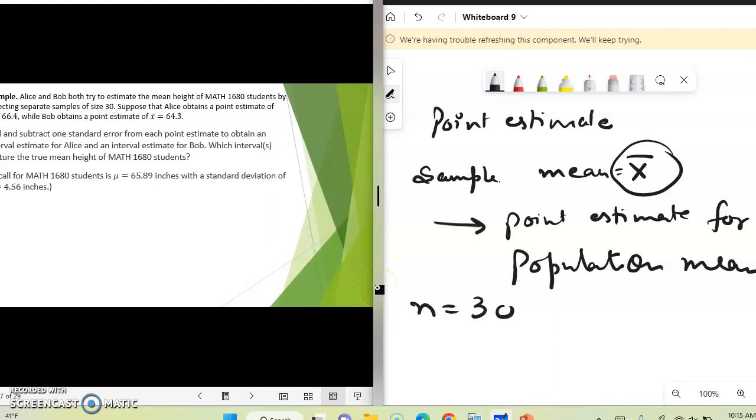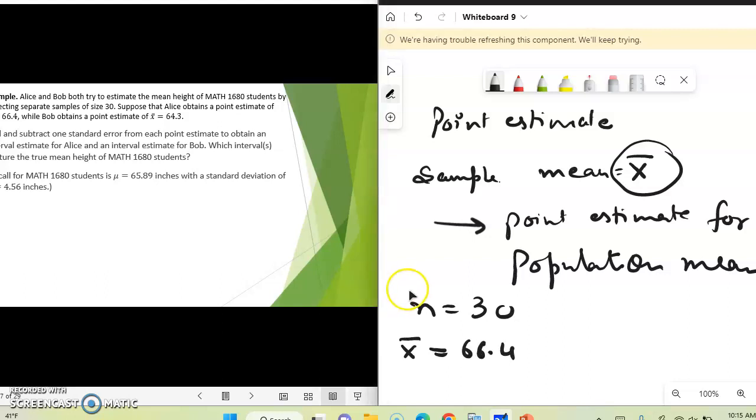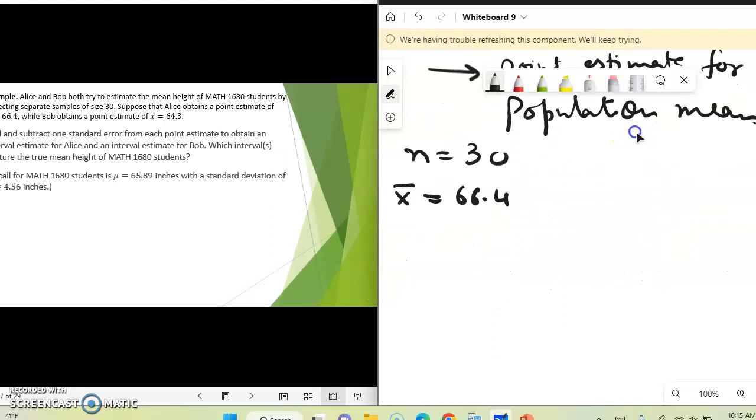And suppose that Alice obtained a point estimate. Alice took a sample and the sample mean for her came to be 66.4, and Bob also took a sample size of 30 and the sample mean for him came out to be this. Now we know the standard deviation. This is about height, right? So you guys remember the standard deviation was 4.56.